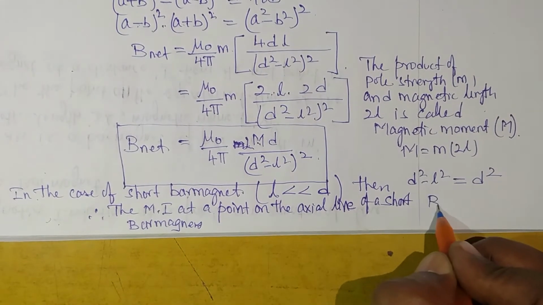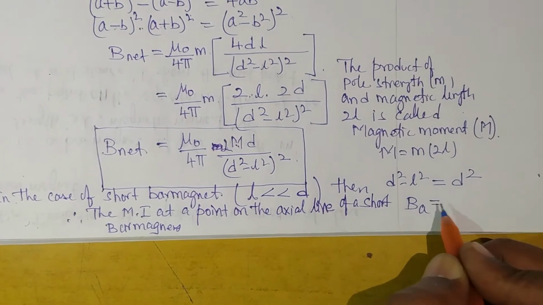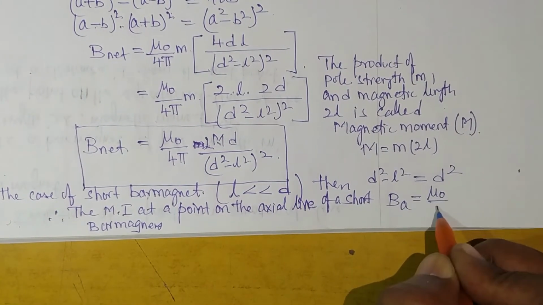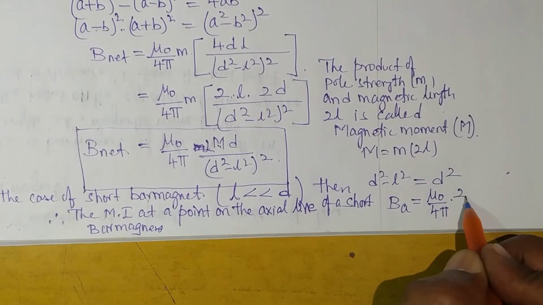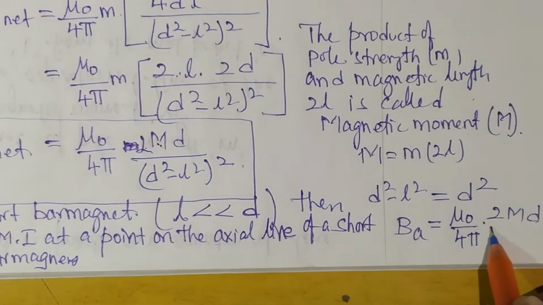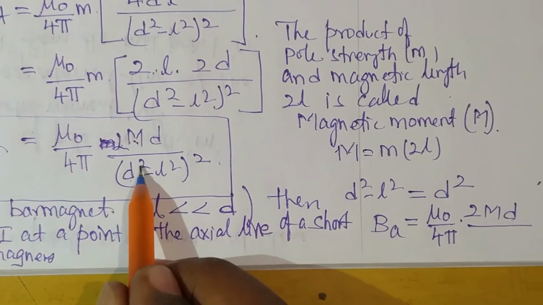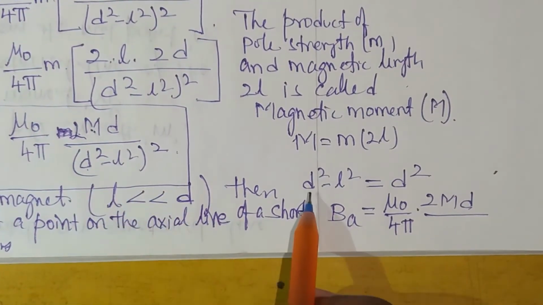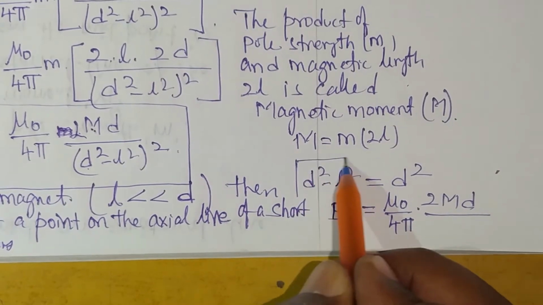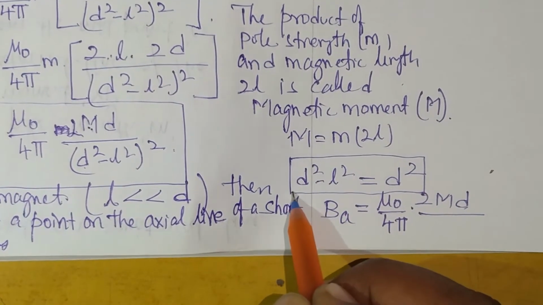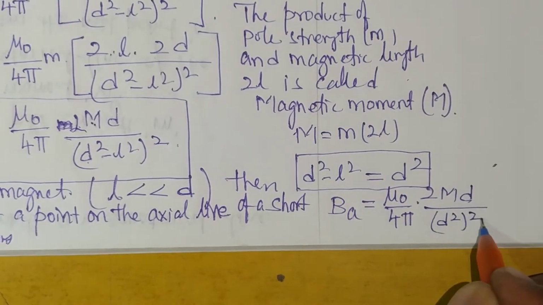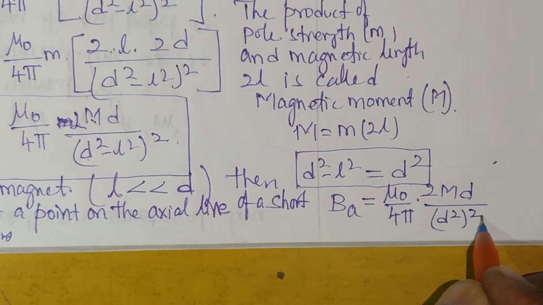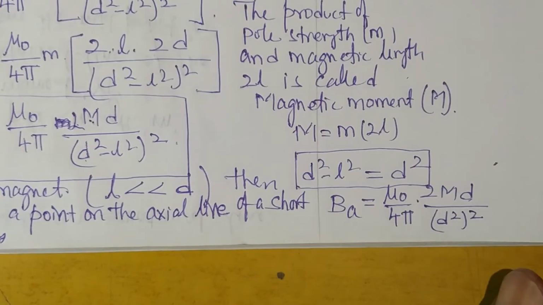is B_A on the axial line is equal to mu naught by 4 pi, 2Md by, so earlier it is (d square minus L square) whole square. So d square minus L square is equal to what? When it is a short bar magnet, it is equal to d square. Therefore (d square) whole square.